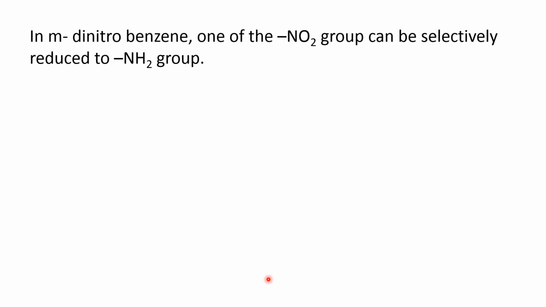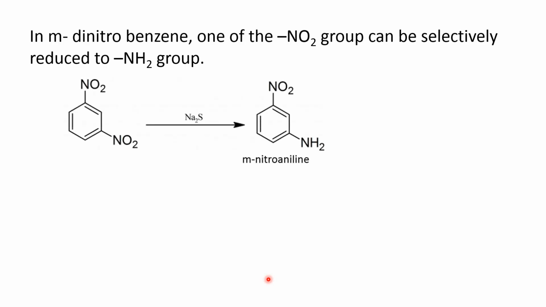Now, in the next clue in the riddle, it is given that this compound Y is meta-dinitrobenzene. In meta-dinitrobenzene, there are two nitro groups. One nitro group can be selectively reduced to an amino group, and there is one specific reagent for that. Generally, a nitro group can be reduced to an amino group using iron and hydrochloric acid, or tin and hydrochloric acid.